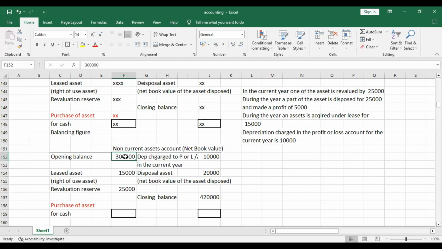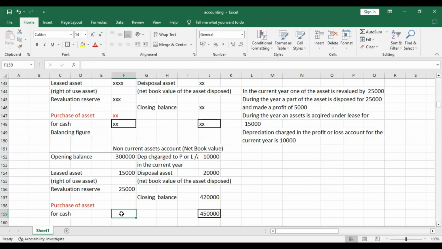So we have taken the necessary information in the account. Opening balance, closing balance, depreciation on the credit side, disposal of the asset at book value only, not the actual sale value, then the leased asset and the revaluation reserve. Now whatever the difference is, that is the balancing value. So 420 plus 20, 440, plus 10, 450,000.